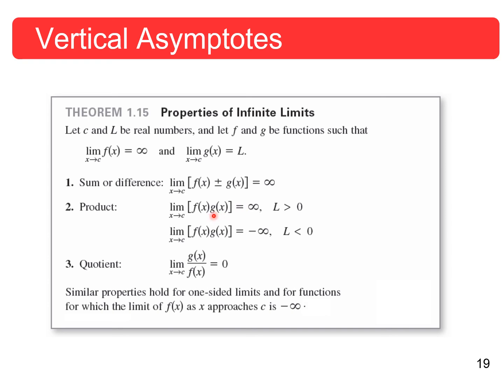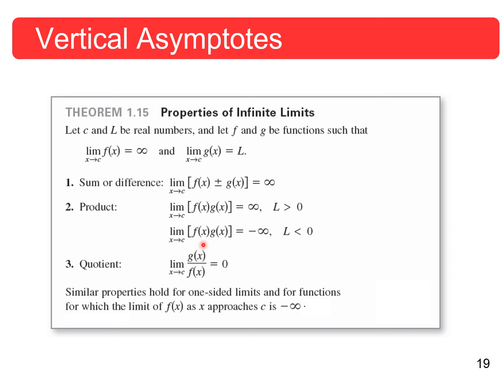Now, if you have a product, one is infinity, the other one is a constant, the answer is just infinity. And take note that this follows the rule of sign. So if I change this to negative infinity, the sign would also change. Okay, so this one is assumed to be positive infinity, and for instance L is negative.